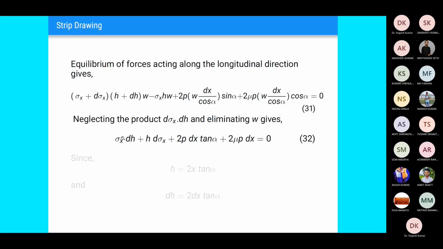This equation will yield something like this after you solve it, because sine by cos becomes tan, and cos alpha and cos alpha will cancel out. We have neglected d sigma into dh, and w has been eliminated from the whole term. After simplification, it will come something like this.